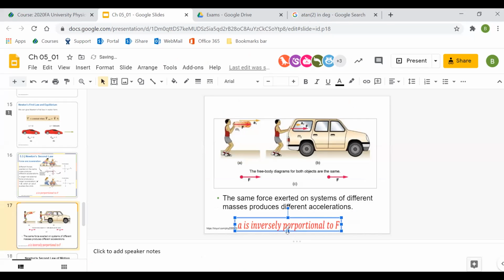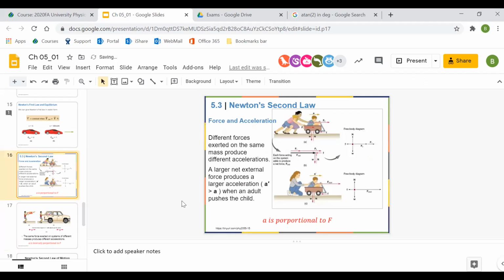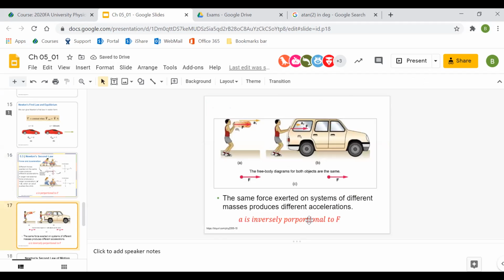Oh, it's a picture. Okay, so make a note here: it's inversely proportional to the mass. This is also a picture, so I will change it later, but this should be just the mass. Inversely proportional to the mass.